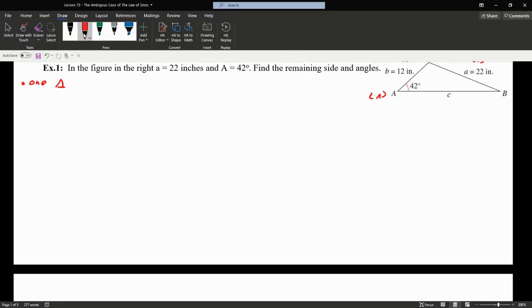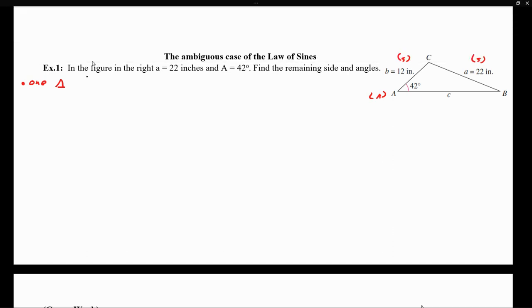If we set up our ratios, we can definitely solve for angle B because we have information about angle A and side a. So I can use sine of A over a to be equivalent to sine of B over b.